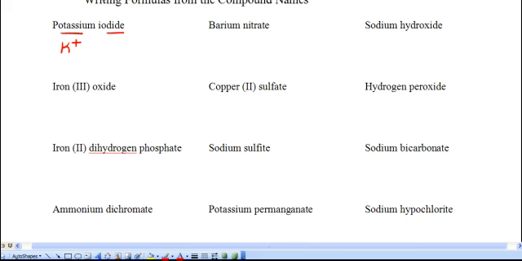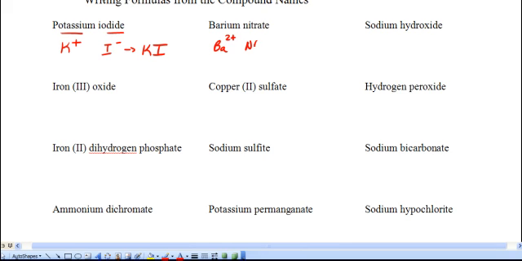It's got a +1 charge because it's in the first family, which is the alkali metals. Iodide is I minus. So when you take K plus and I minus, you're going to get KI.